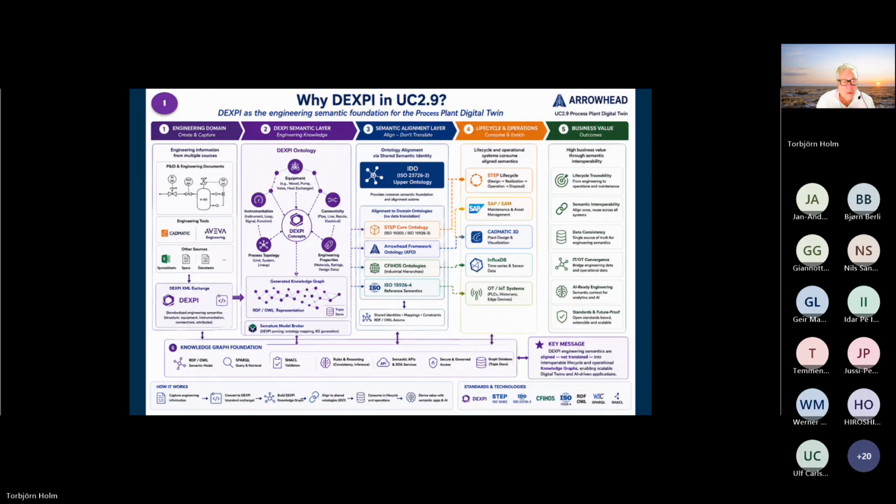We did this by combining DEXPI with STEP mainly, the ISO 10303 standard, to be able to cover the rest of the life cycle with the realization, keeping track of possible realizing equipment types and so on.